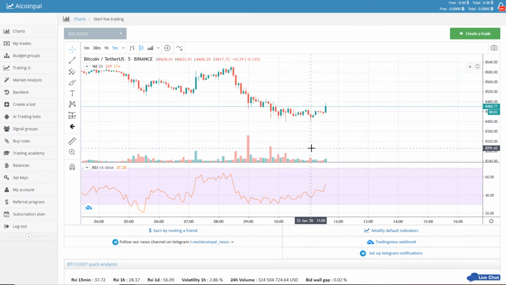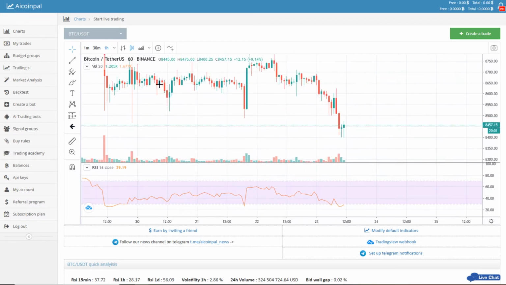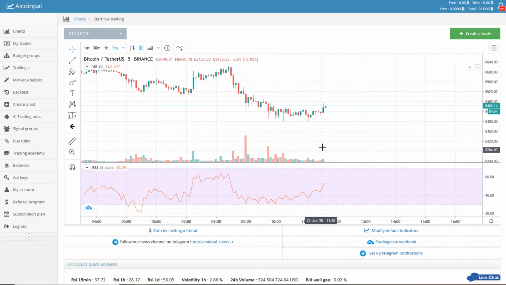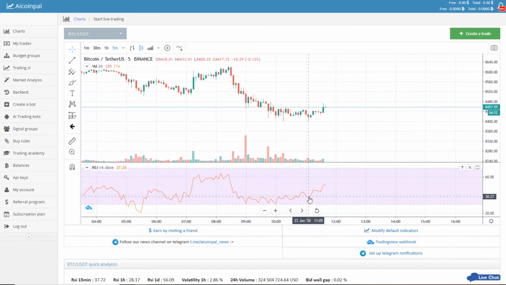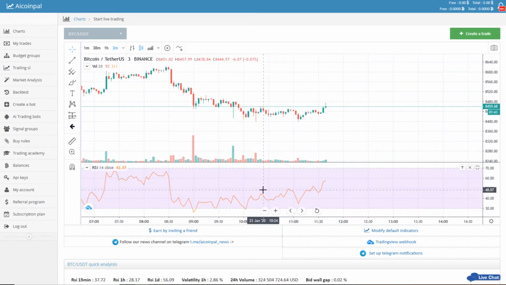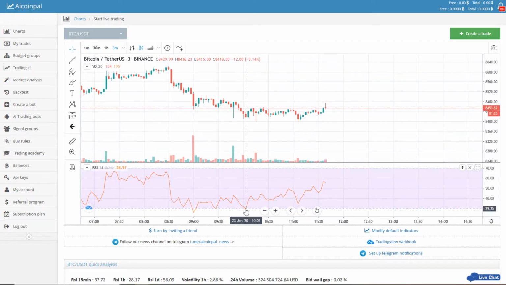Let's say the 1-hour chart below 30, and the 5-minute chart below 30. Maybe let's look at the 3-minute chart: 3-minute chart below 30.